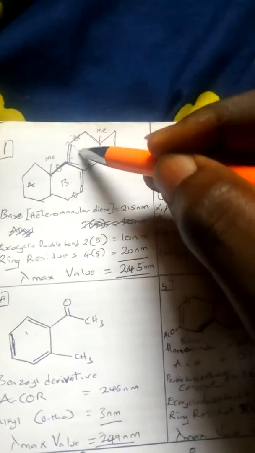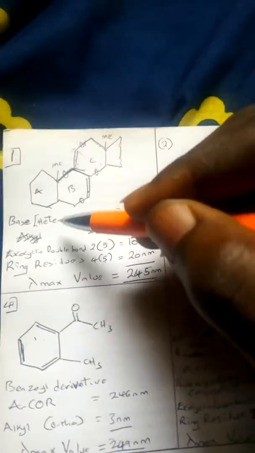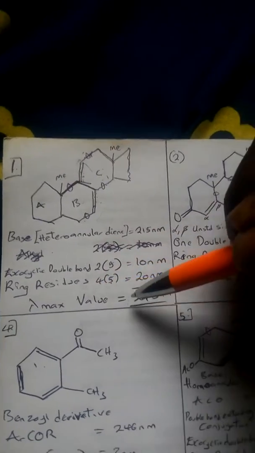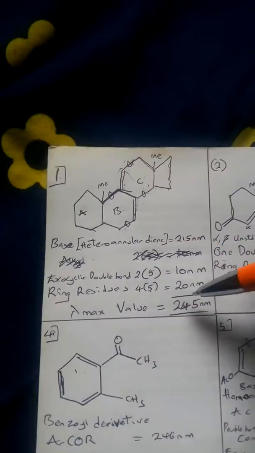It's where the absorption is taking place. So let me just say it this way. Whenever you find an alkyl substituent, a methyl or anything, in between two or more rings, it's mostly not significant. So we won't put that into our maximum value. So that's for number one. So the lambda max for number one is 245.